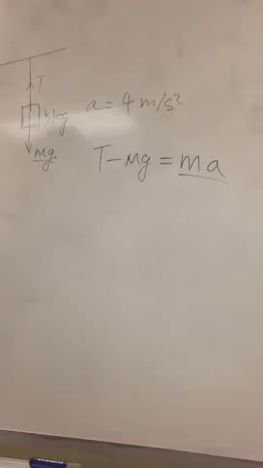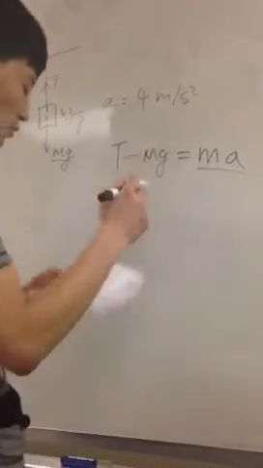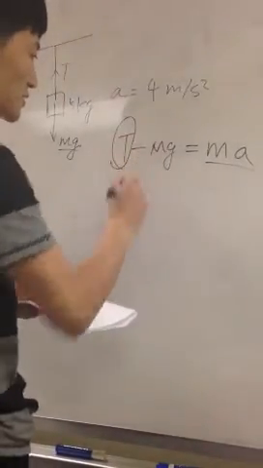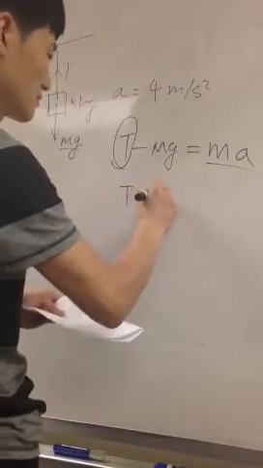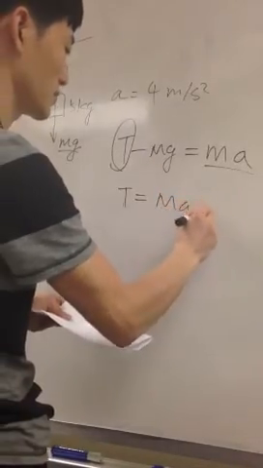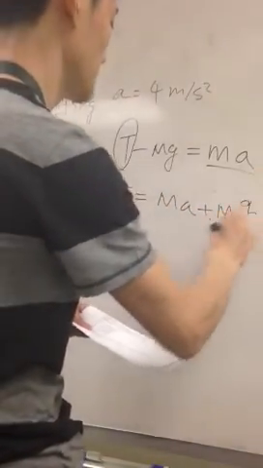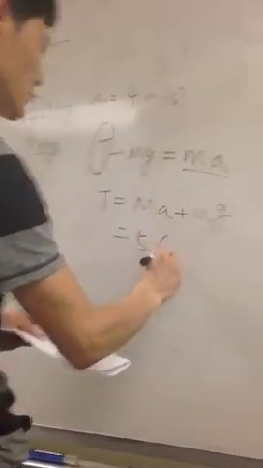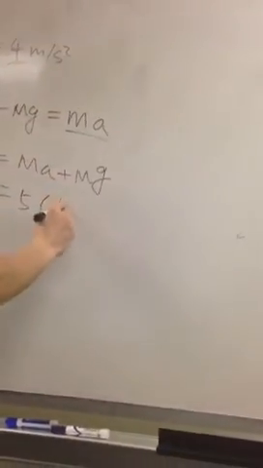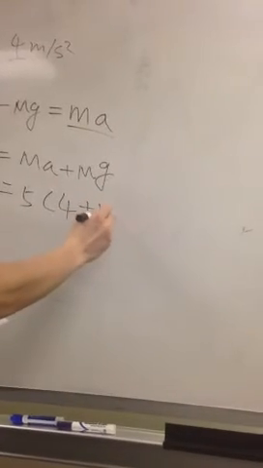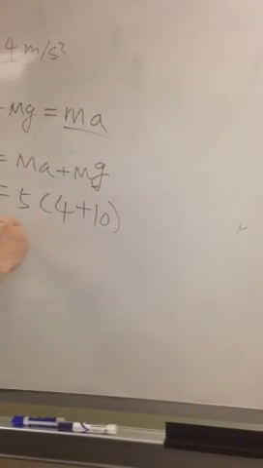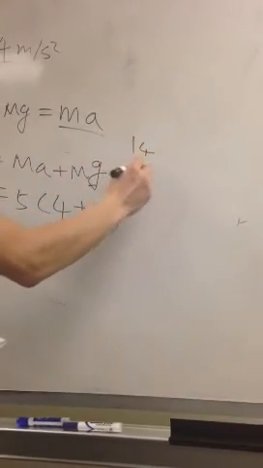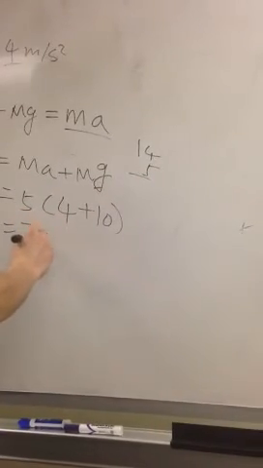Understand? Okay. So the question is asking you the T, which is ma plus mg. The m is 5. Acceleration is 4 plus, if we take g as 10, is 14, times 5. So it's around 70.